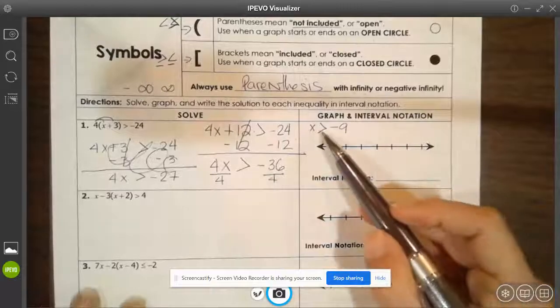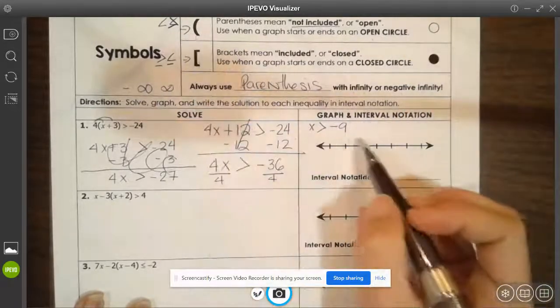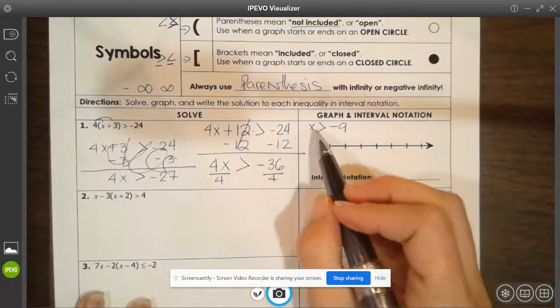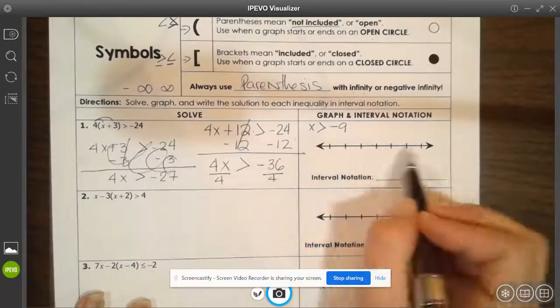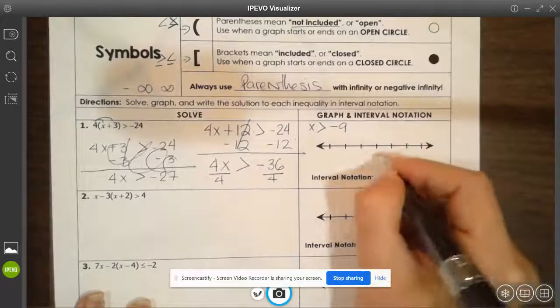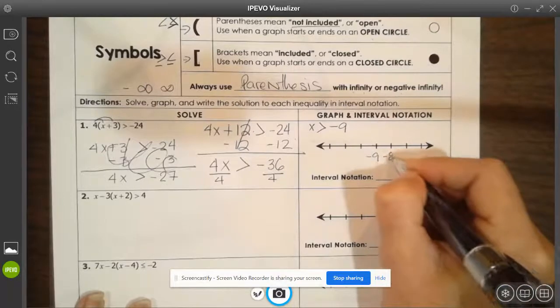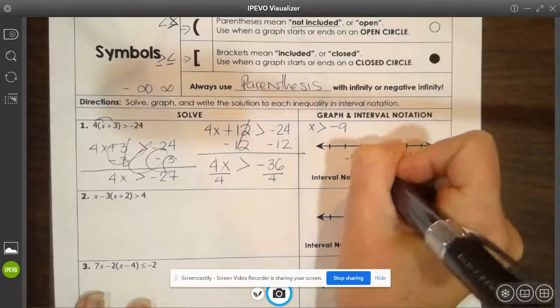Okay, so now we know that this is an open circle and we're going to be using parentheses because there's no equal sign here. And it says that x is greater than negative 9. So if this is a number line, let's put some numbers in. So I'm going to put negative 9 here. So we can say this is negative 8, negative 7, negative 6. I'm going to put negative 10, negative 11.